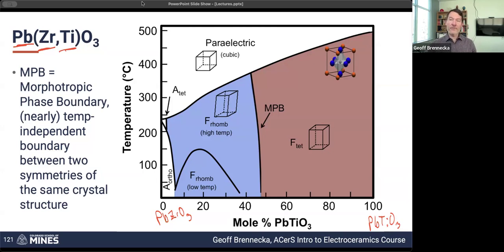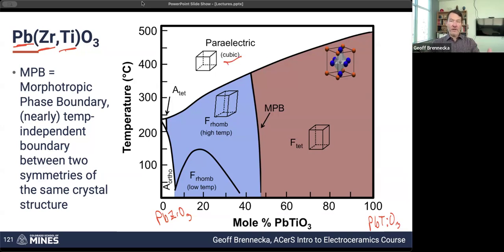If we add just a little bit of titanium, then the material becomes rhombohedral. And in all cases, this still has the perovskite crystal structure. So we still have the exact same overall structure, but we're changing the symmetry a little bit. The symmetry of the material at sufficiently high temperatures is cubic, just like we saw with barium titanate.